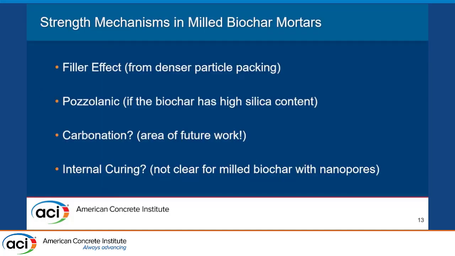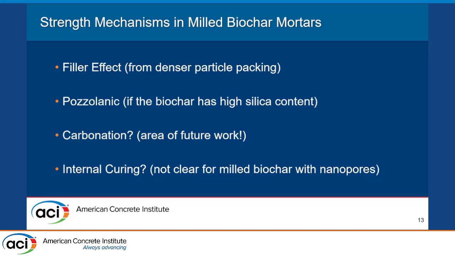So the main mechanisms that we point to for strength development are the filler effect. That's that increased particle packing by including a lower density insoluble biochar in place of cement. We know that some biochars, if they have a high silica content, can act pozzolanically and increase our strength that way. Still an area of future work for how carbonation is playing a factor.